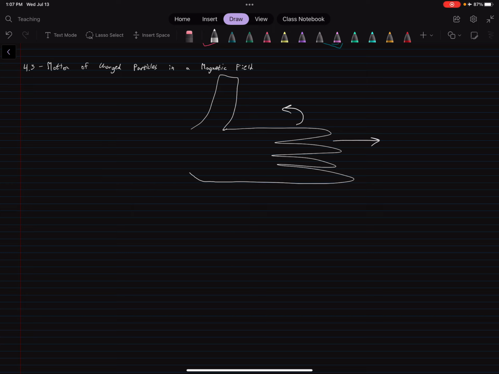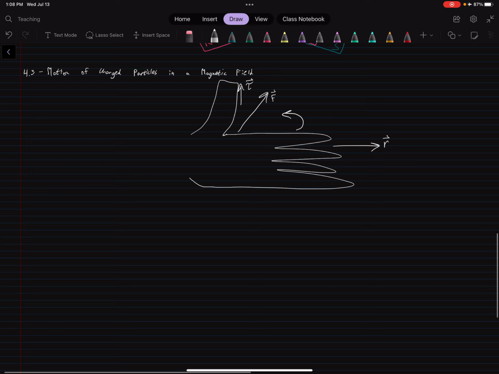So there's one vector here, so this would be like R for torque, and then this here would be like F, so you're going R cross F, and then your thumb points in the direction of the resulting cross product vector, which is torque in this example.